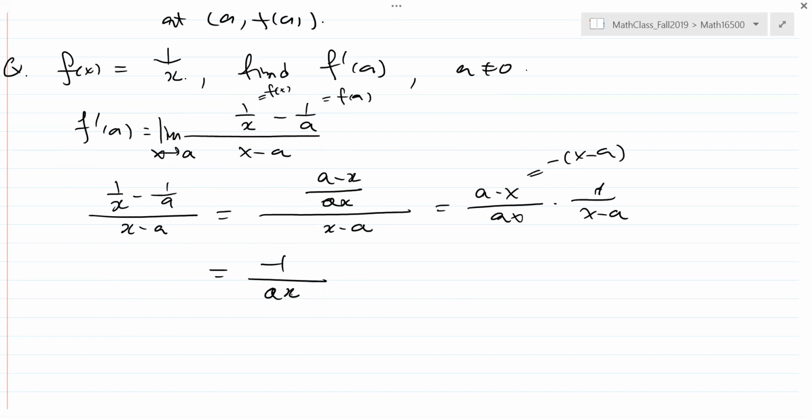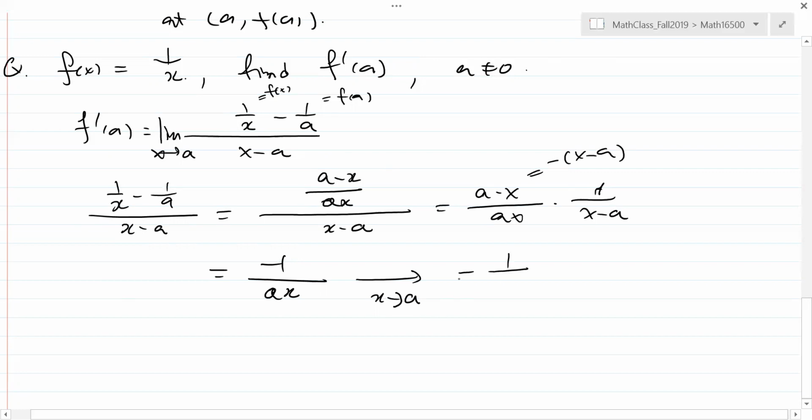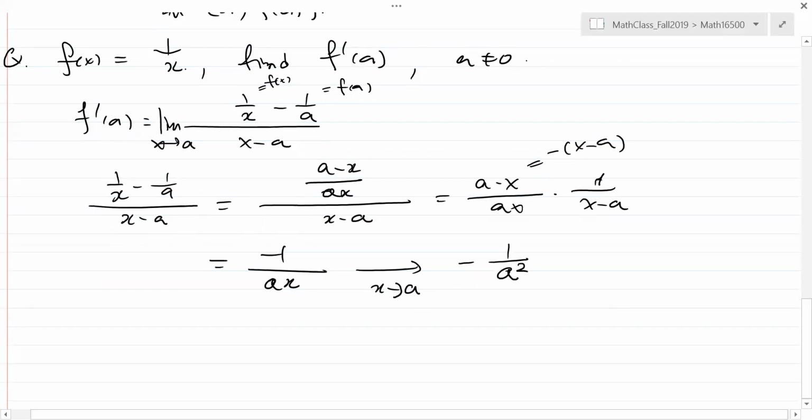Now you let x approach a. Then this function approaches negative 1 over a times a, that is negative 1 over a squared. So that should be the limit. This is f prime a. We just call it f prime.